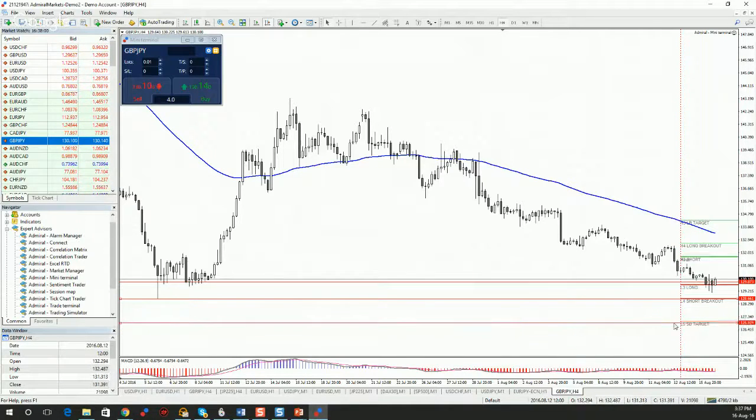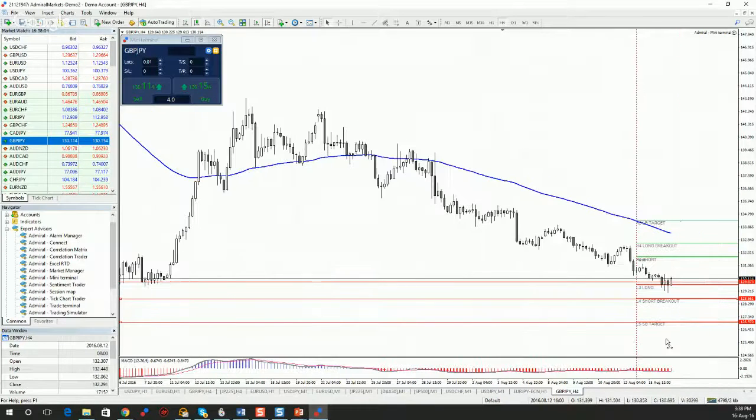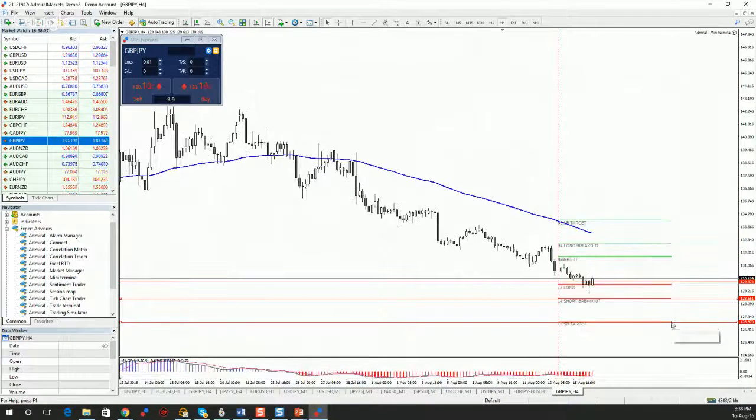So 126.97, and that is used for making those swing entries. You can go with intraday trades, ultimately targeting these levels, and exiting when price is close to the levels.